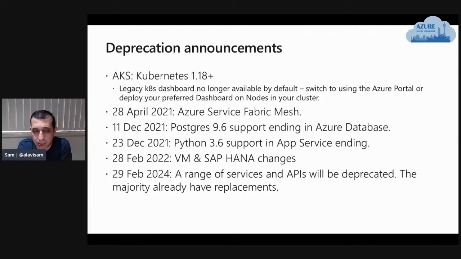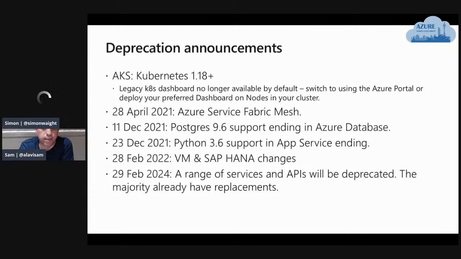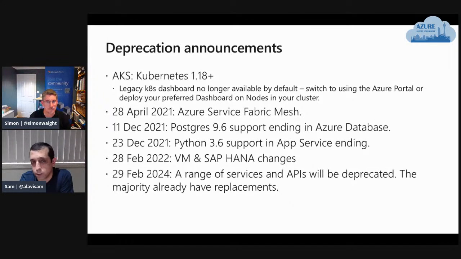For example, if you have any app service with Python 3.6, you need to know that it will be retired and there won't be any support by the end of this year, and similarly for all other items. Have a look through, and if there is any specific question, please let us know.